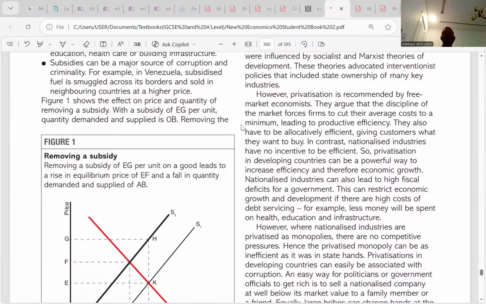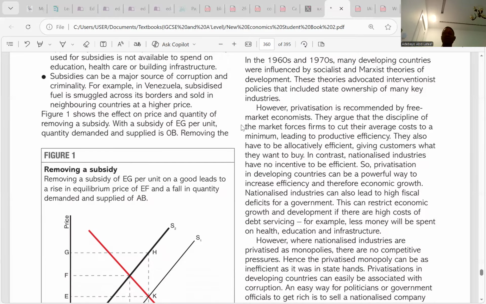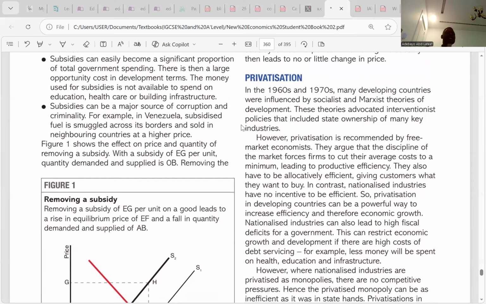The talk about privatization as a way of increasing economic growth and economic development is based on free market economist ideology. Before now, during the 1960s and 70s, it was about socialism and Marxism, which is all about state ownership of goods and services.